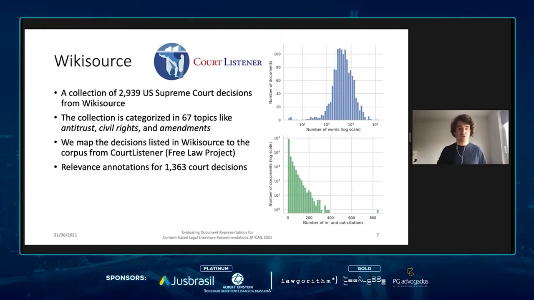This collection is a collection of court decisions that is categorized in 67 topics, rather broad topics like antitrust or civil rights. As a source for the full text and citations, we map the court decisions to the CourtListener corpus to have all the data available. As a result, we have relevance annotations for 1,363 court decisions.